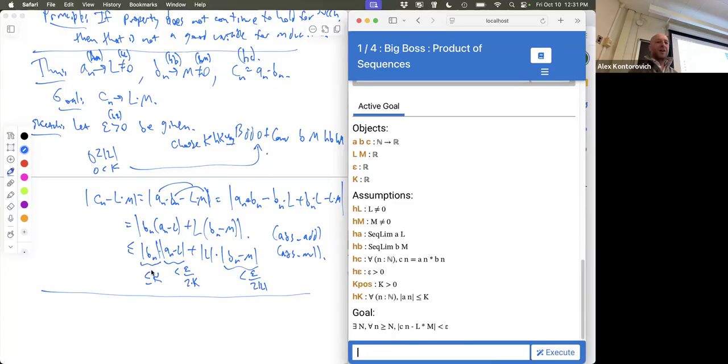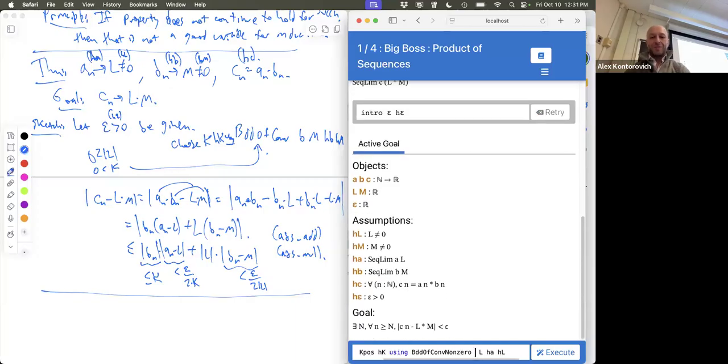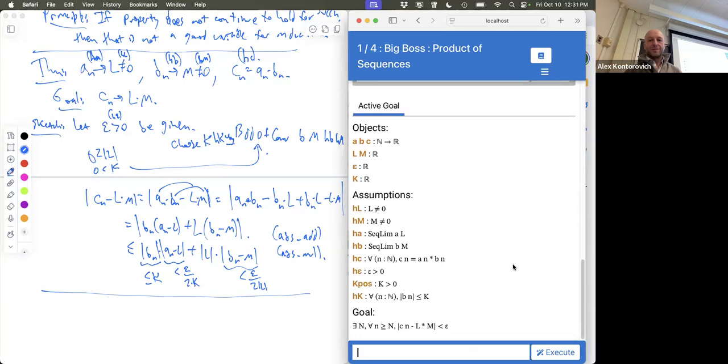We wanted the uniform boundedness of B, not A. So let's retry this one more time. We'll stick in B and M, the fact that B converges, and the fact that M is non-zero. Okay, so now we know that Bn is bounded by K. Great.